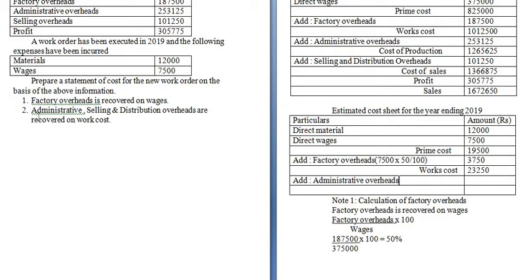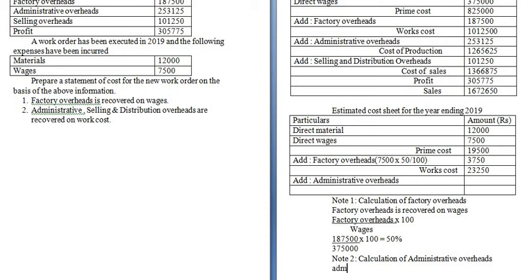Now the second point: administrative and selling and distribution overheads are recovered on works cost. Now the next working note, note 2: calculation of administrative overheads. What they have told is that it is recovered on works cost.